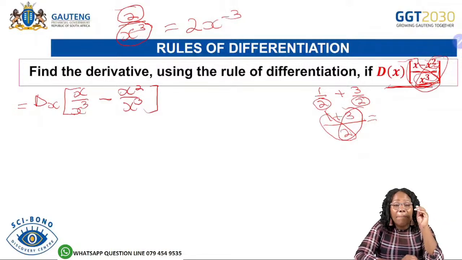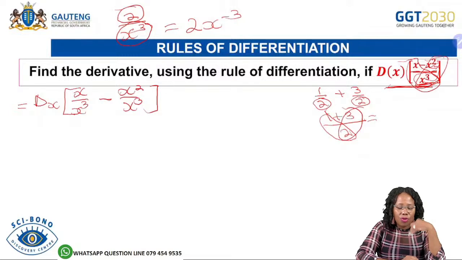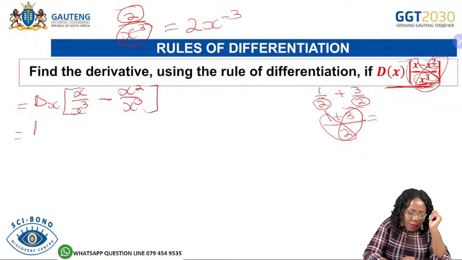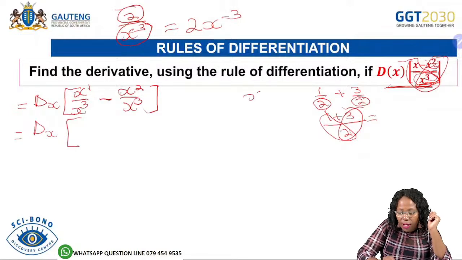Then we can now apply the rules of exponents, or you can check how many x's do you have on top, and then on the bottom how many do you have there. So we are simplifying. So we have x to the power 1, and how many here? You have 3 x's. It's like we have x on top, and then in the denominator we are having 3 of them.